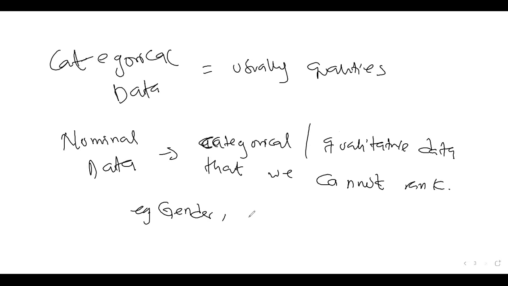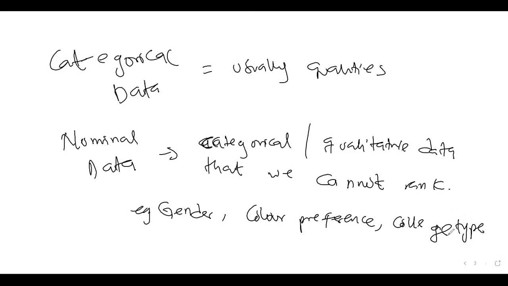Somebody's color preference, we cannot rank. Somebody's college type, whether you are from the College of Humanities and Legal Studies or the College of Agric and Natural Science, etc. You can just categorize you in that college, but holding other factors constant, we don't rank it. So any categorical or qualitative data that we don't rank is called nominal.